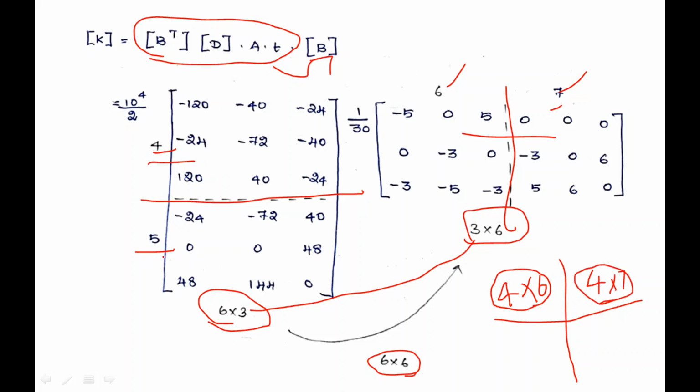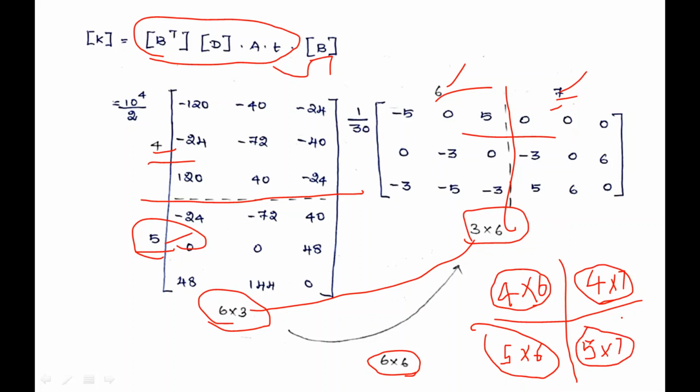Then we have to multiply matrix 5 and matrix 6. Here we will get the 3 by 3 matrix element if you multiply 5 and 6. Then we have to multiply 5 and 7. So we have to do this operation 4 times here.